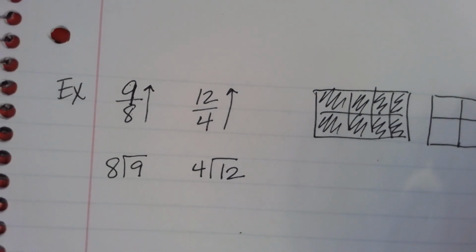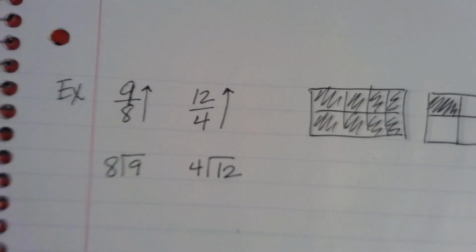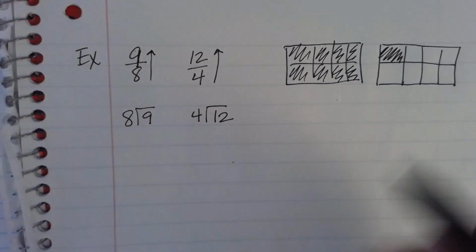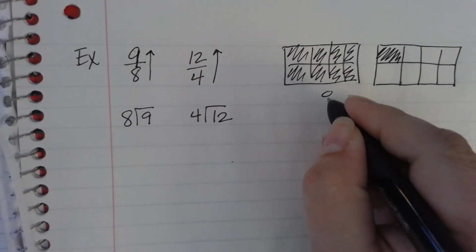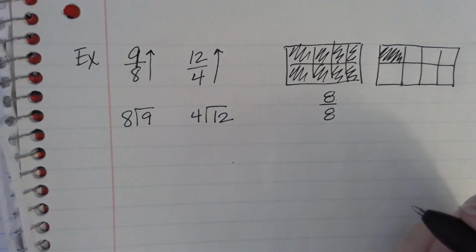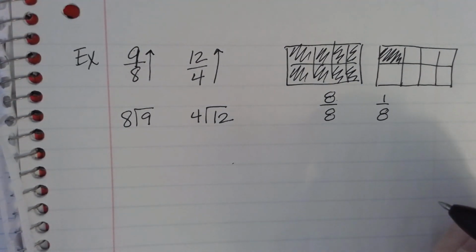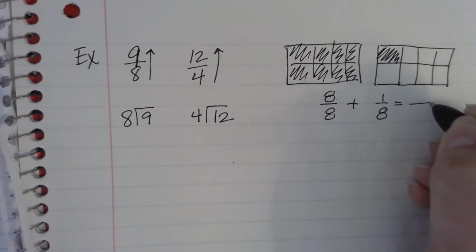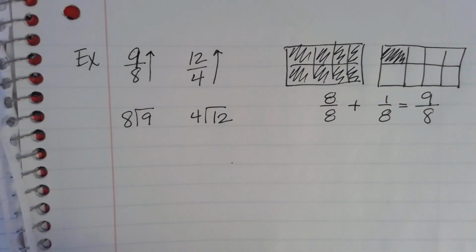Again, you do not have to draw this. But now I can draw my 9th piece of cake there. So if I were going to write a fraction for this cake, I would say that's 8 out of 8 slices, and this is 1 out of 8 slices. When I add them up, I always keep my denominator for adding. 9, and end up with 9/8.